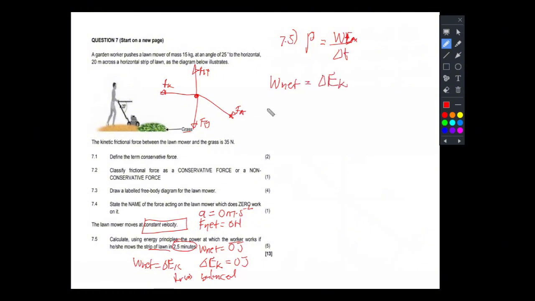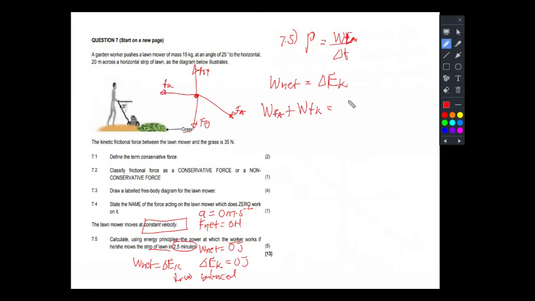And then here the W net will be represented by work done by force applied plus work done by FK, which is equal to change in EK, which is half M, and then bracket VF squared minus VI squared, right? Okay, but then remember that our change in EK is 0, so this is not necessary.